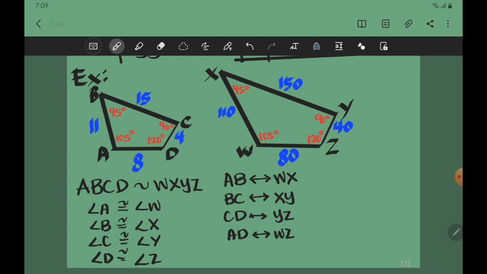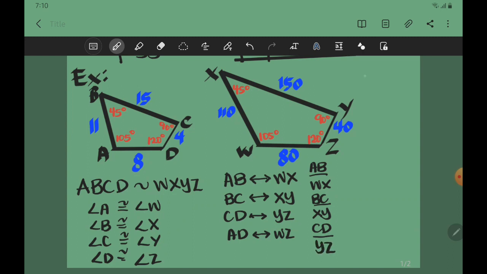And these corresponding sides can be written also in fraction form. So let us write it in fraction form. So we have here AB over WX and BC over XY, CD over YZ.